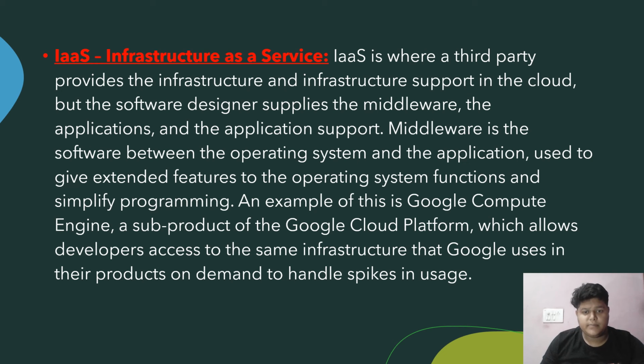Middleware is the software between the operating system and the application, used to give extended features to the operating system functions and to simplify programming. An example of this is Google Compute Engine, a subproduct of Google Cloud Platform, which allows developers to access the same infrastructure that Google uses in their products on demand to handle spikes in usage.